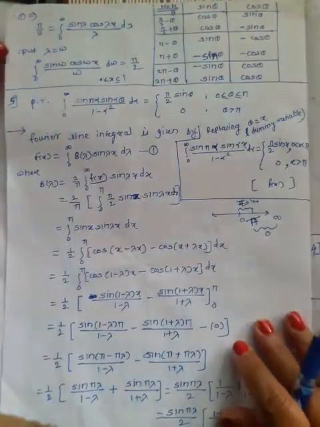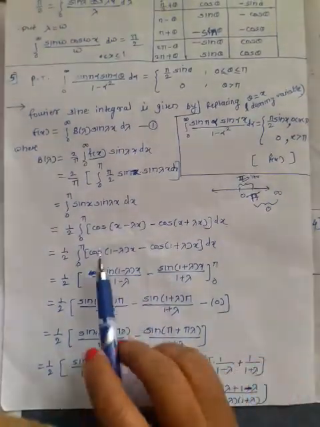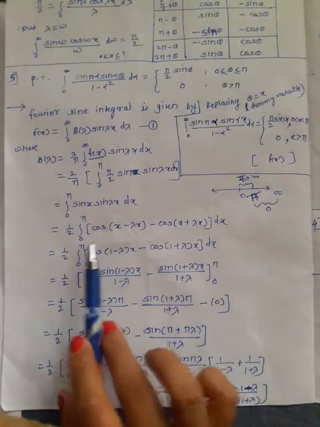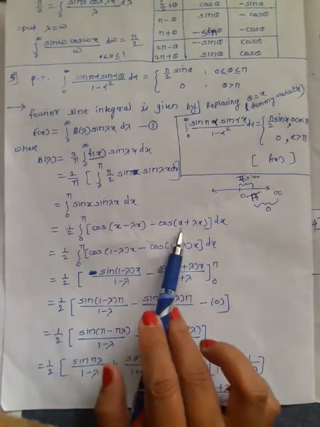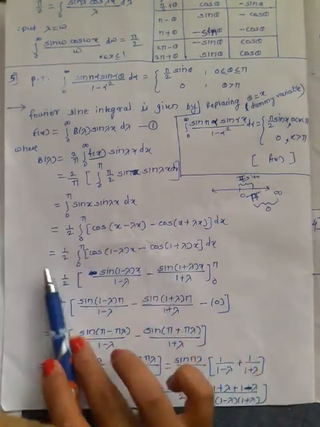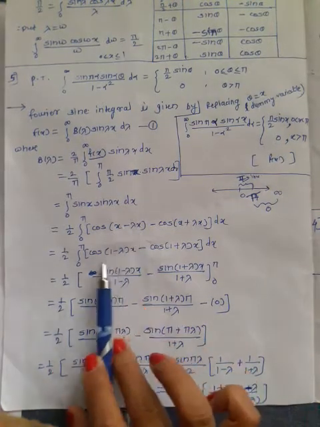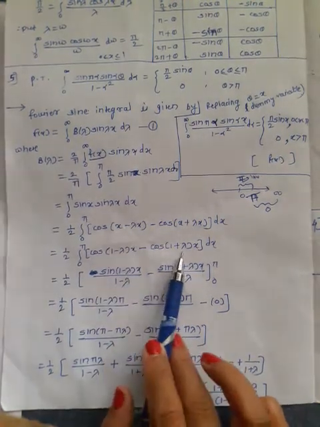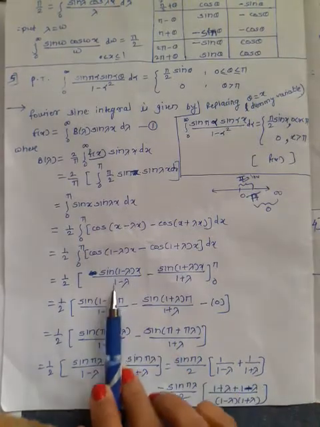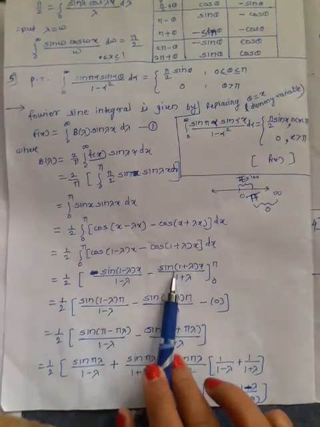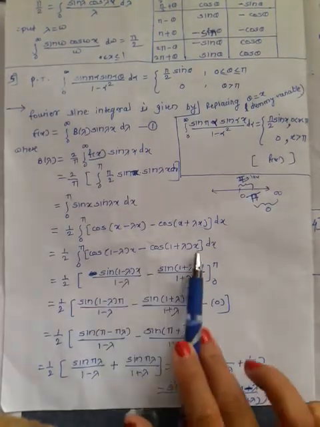I put these values here. We get cos of a minus b minus cos of a plus b, half as it is outside of the integration. Take x common from the bracket on both sides, and the integration of cos is sine, here also sine, divided by the angle's derivative as it is.